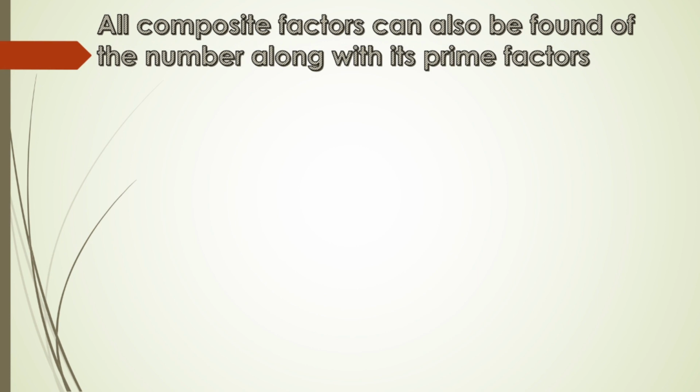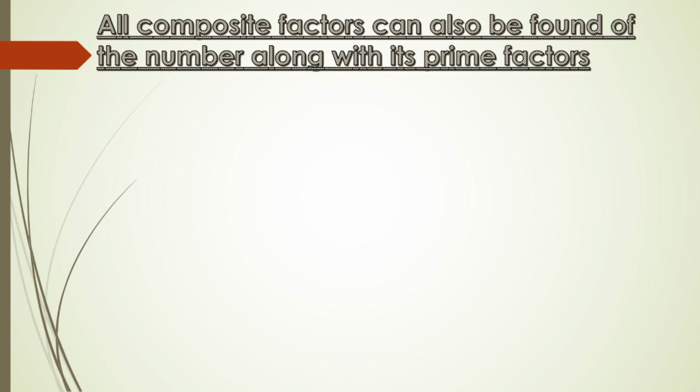Let's take the first one: all composite factors can also be found of the number along with its prime factors. When we have the prime factorization of any number, it tells us about its prime factors and composite factors also. How come? Prime factorization actually reveals the composition of the original number.